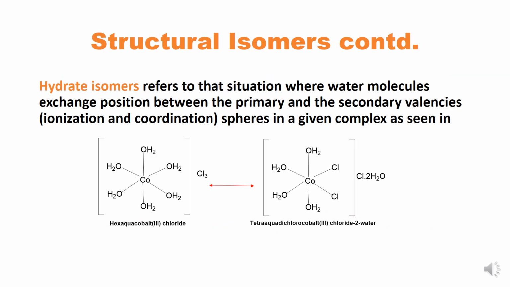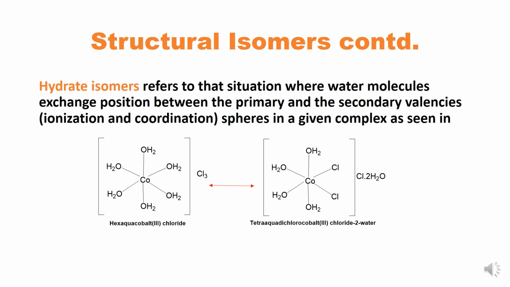To hydrate isomer. Hydrate isomer is easy to understand because you're talking of hydrate, water. So hydrate isomers refer to that situation where water molecule or molecules are exchanged between the inner coordination sphere and the outer.